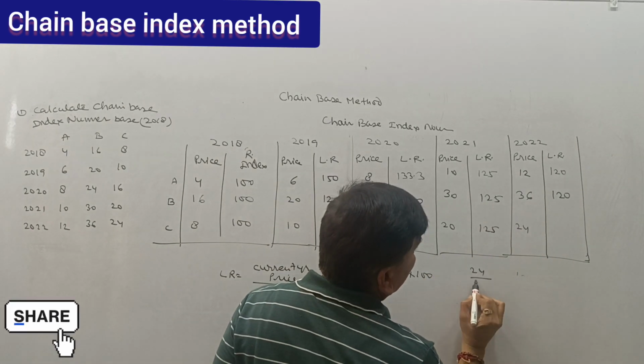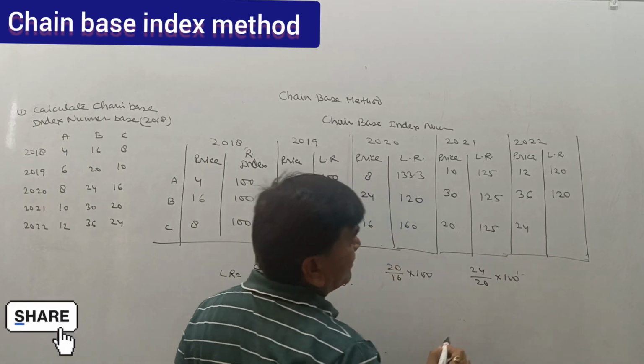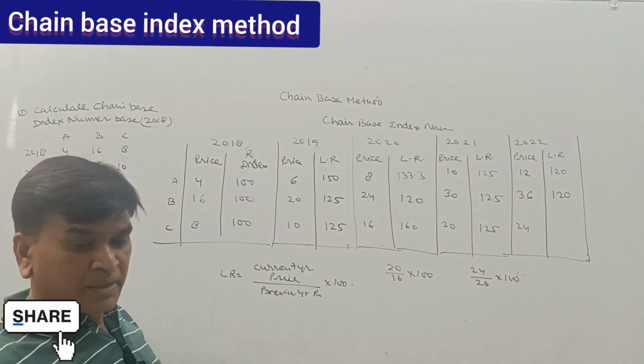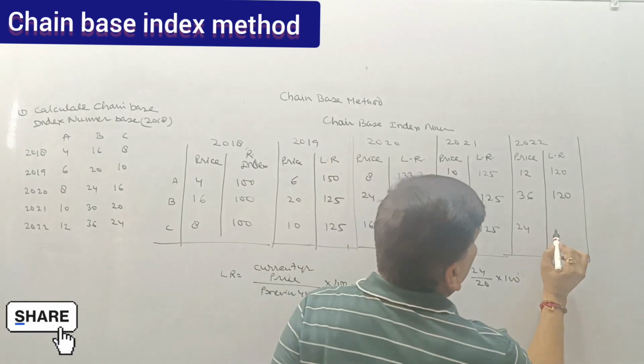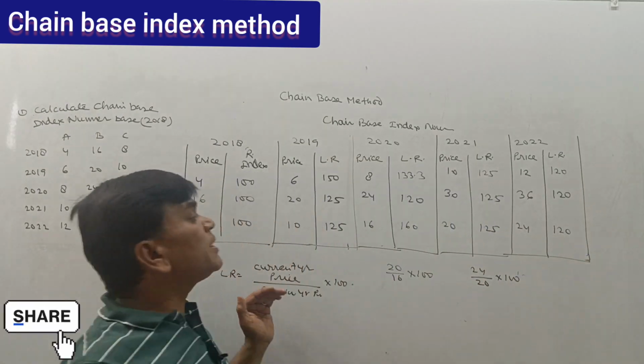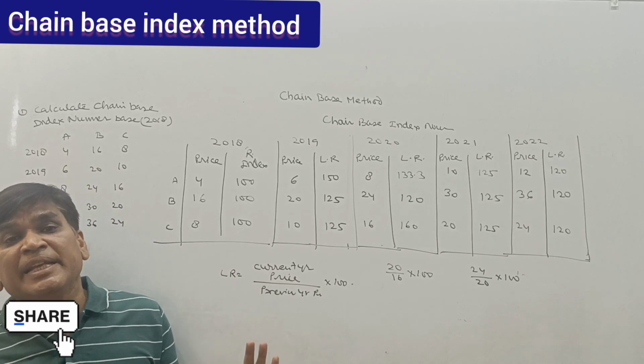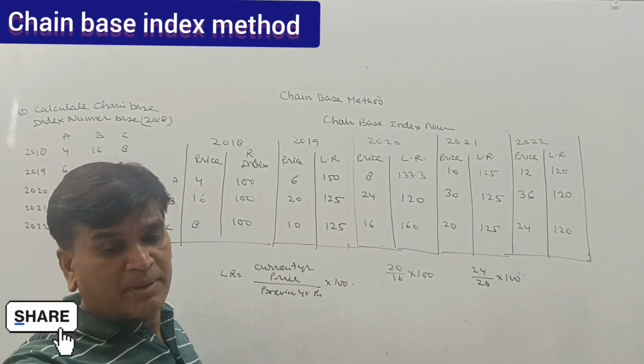And 24 divided by 20 multiply by 100, that is 120.